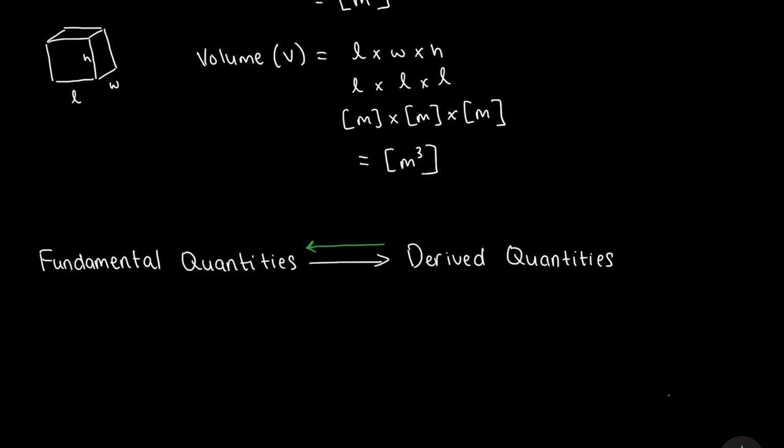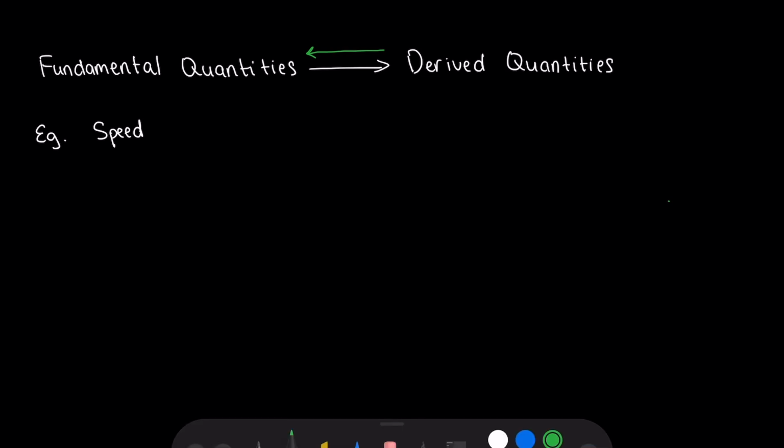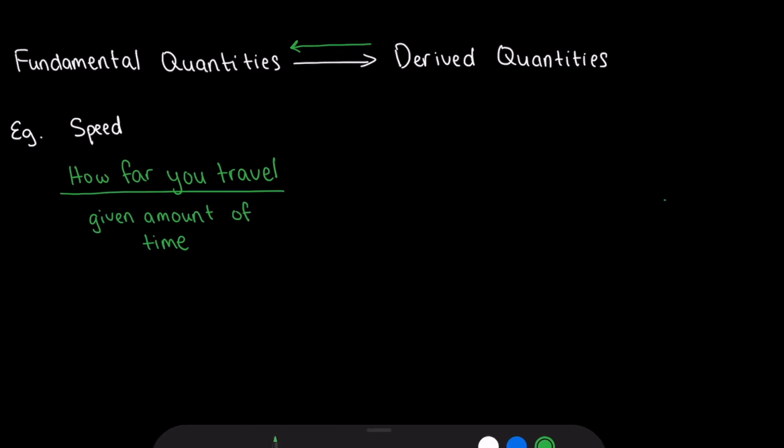Okay, so let's try to think of a more complicated derived quantity. I know we've often heard of speed, right? How fast the car is driving, how fast the bus is going, how fast you're riding a bicycle, all of these things. Well, basically speed is how far you travel in a given amount of time.